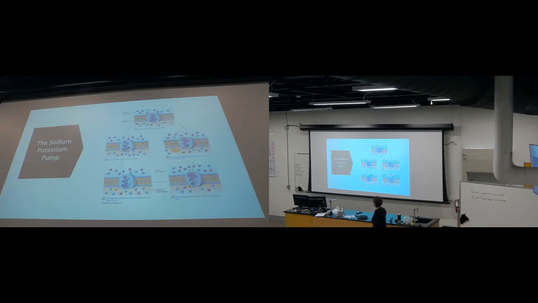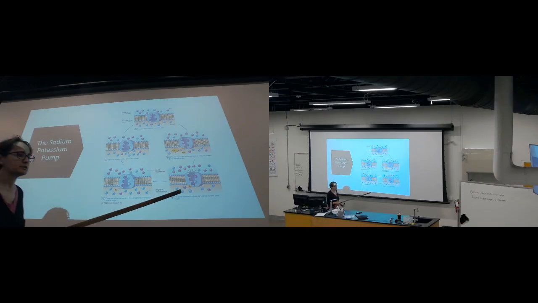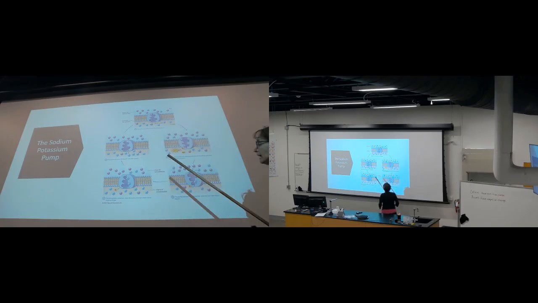And here is how the sodium potassium pump works. So it's a carrier, and it's an antiporter. Antiporter will be basically exchanging. So things can go in and out of the cell at the same time. Those are antiporters.